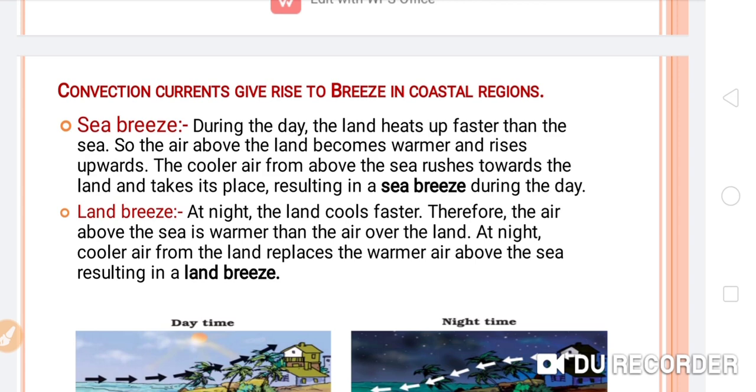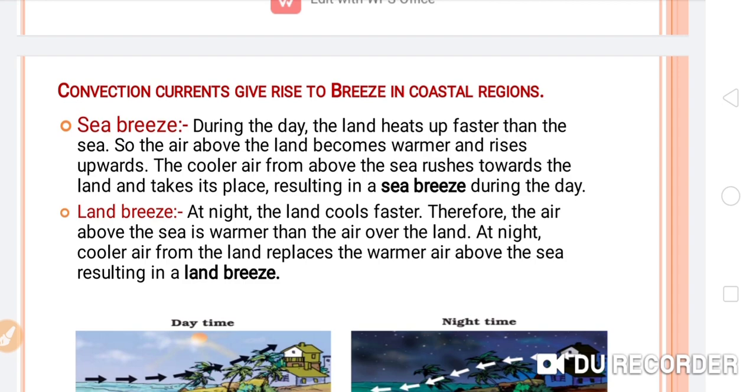Why? The air existing on the land has absorbed the energy and moved upward, due to the warmth. And the air which is existing over the sea, these air molecules have less energy, so they will move towards that portion from where the air has absorbed the energy and moved upward.